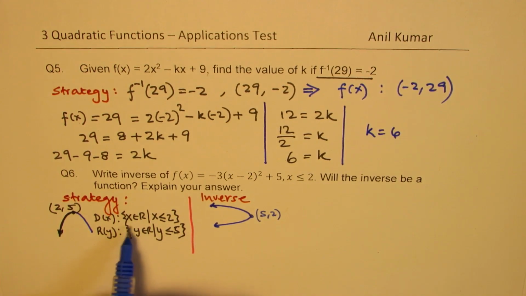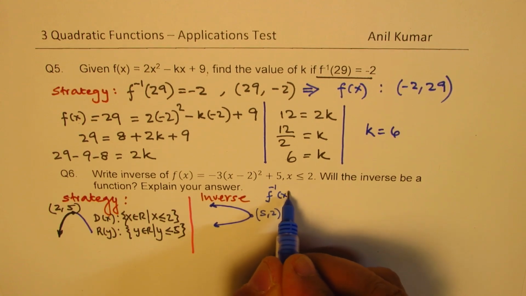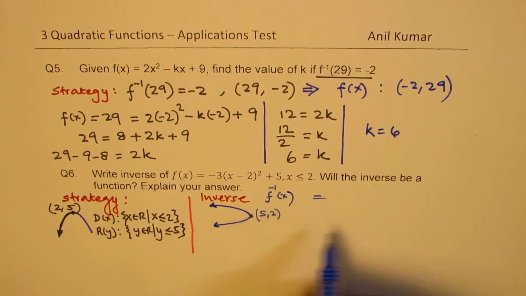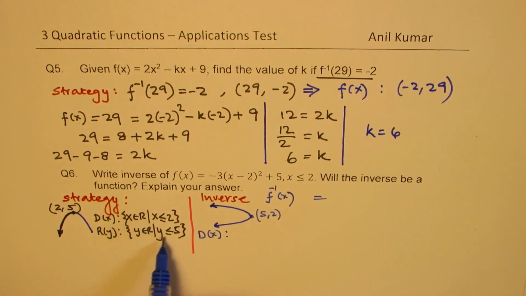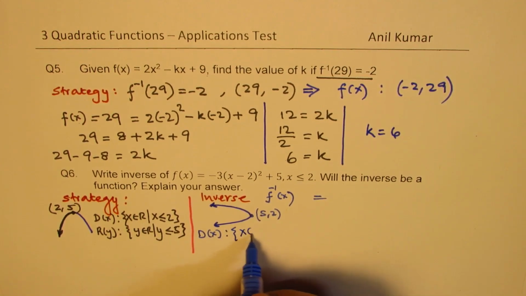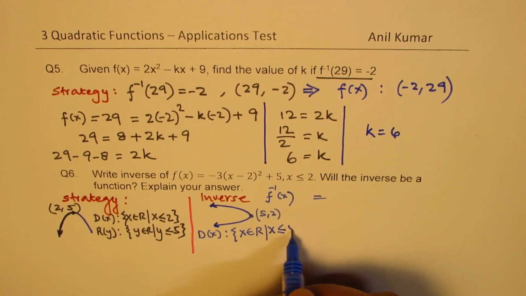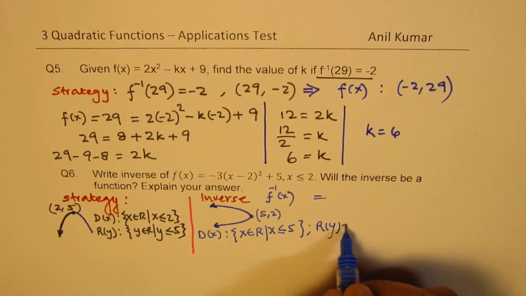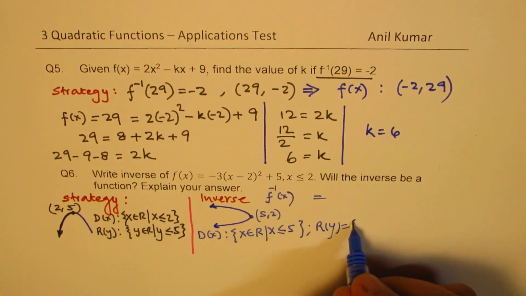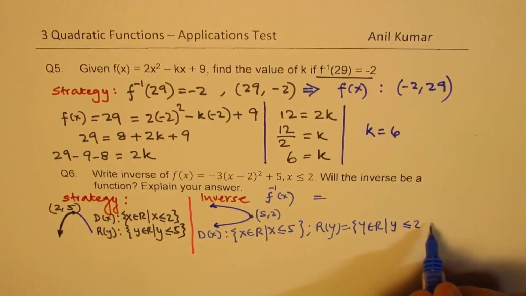So for the inverse, let me write f inverse of x, right? We'll write the equation also, but here the domain now will be what? Domain will be x belongs to real numbers where x is less than or equal to 5. As far as the range is concerned, that will be this value. So y belongs to real numbers where y is less than or equal to 2.